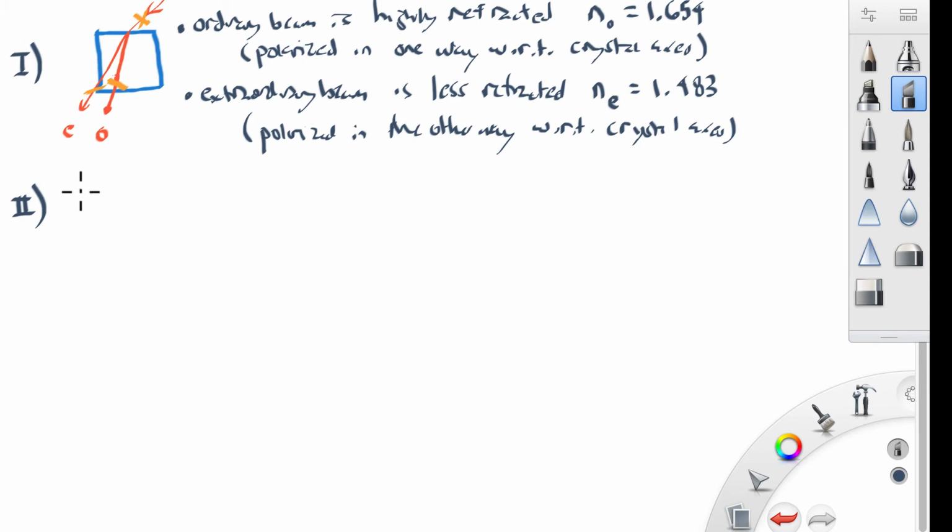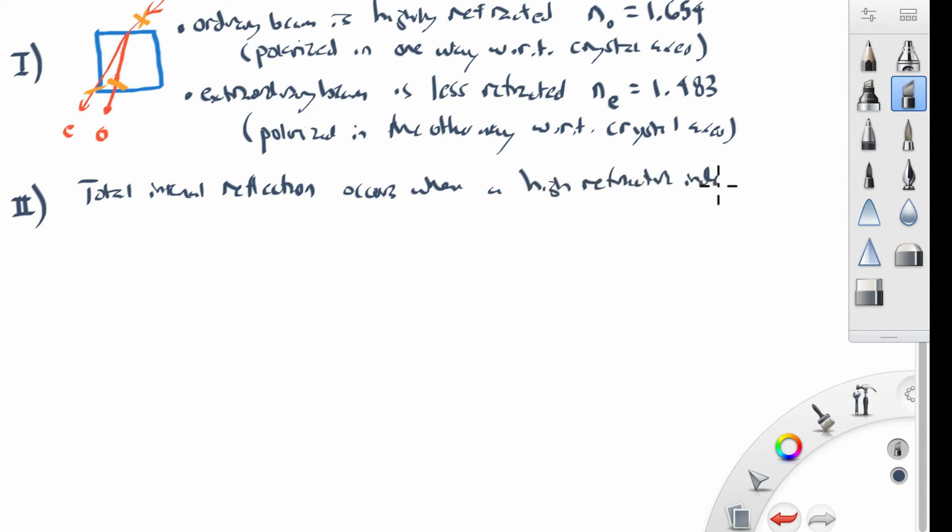total internal reflection. So recall total internal reflection. When does total internal reflection occur? It occurs when a high refractive index medium is surrounded or bounded by a low refractive index medium.